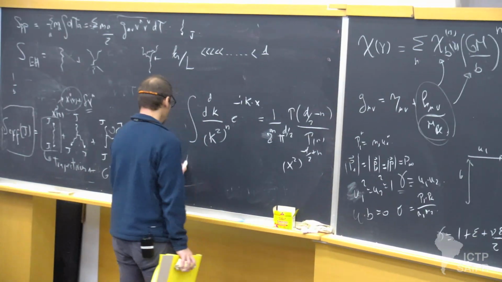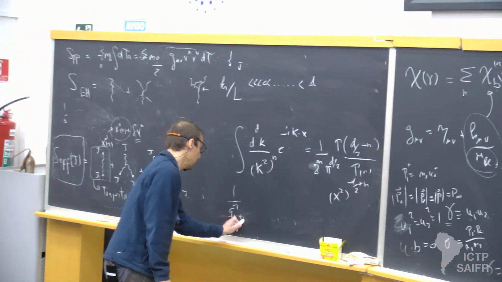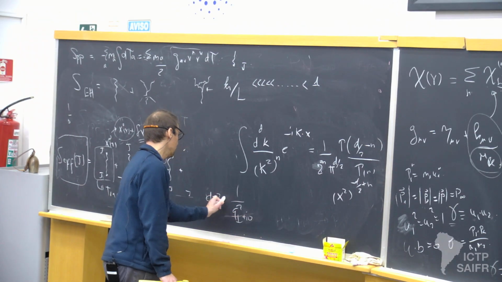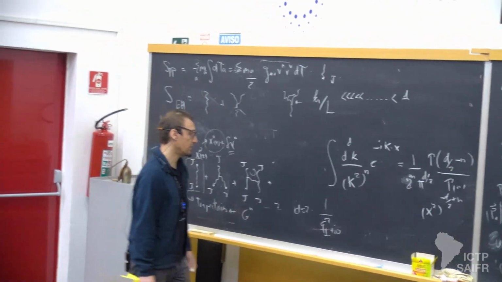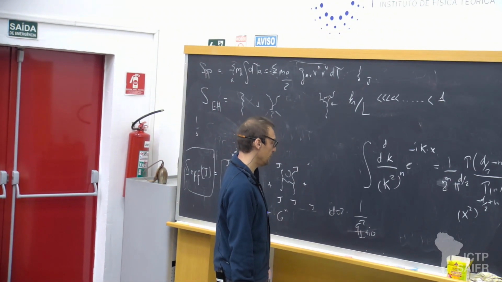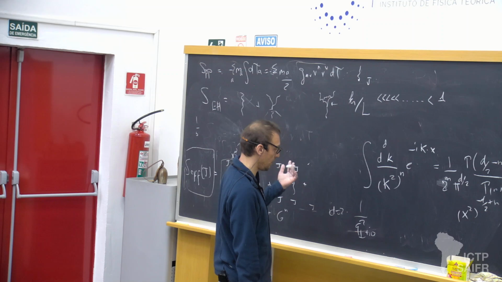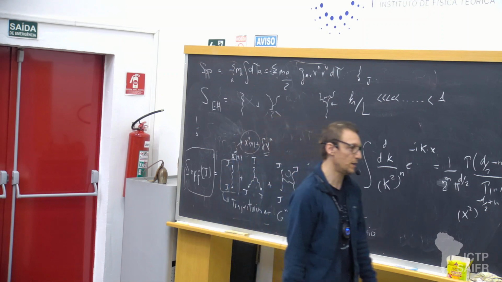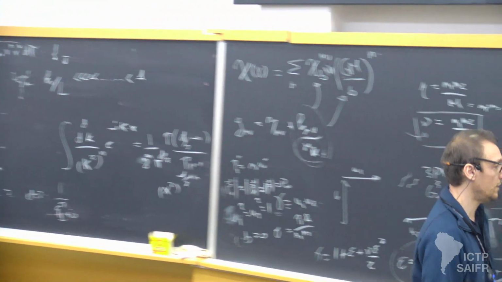So then we need this guy in d equal 2, which actually is a little tricky because it gives you a log and a pole, but the pole, when you take the derivative, goes away, and the derivative of the log will give you the 1 over b. And you end up then with the answer.